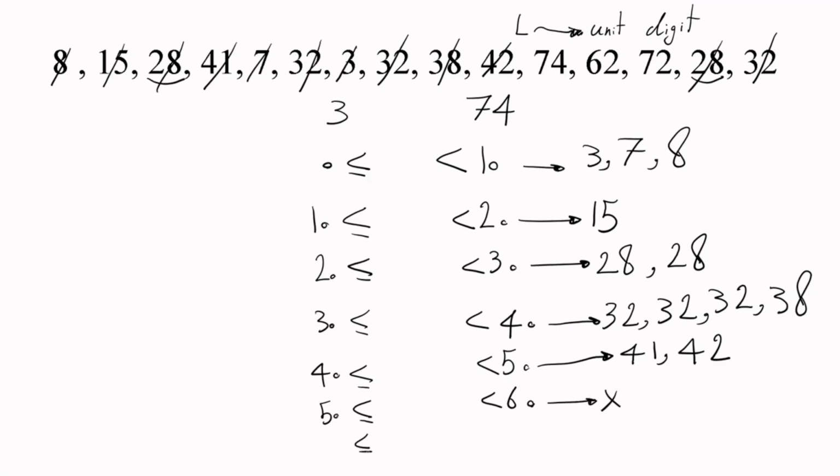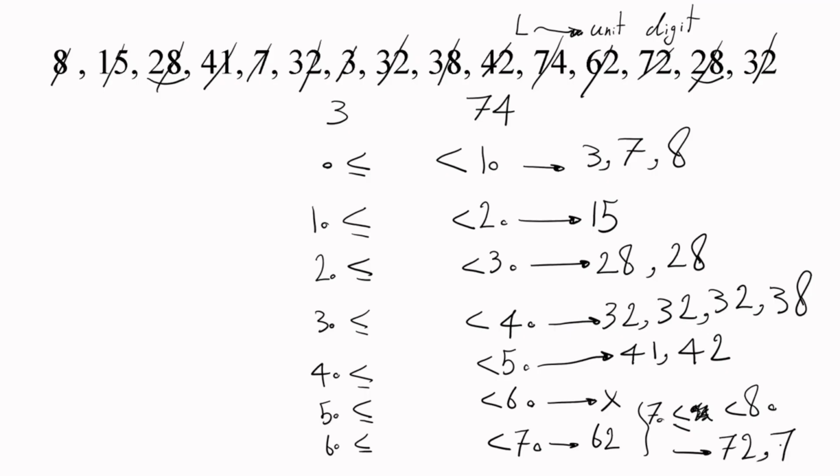When it is between 60 and 70, I have 62, and I'm going to write it here. When it is between 70 and 80, I have 72 and 74. I wrote the last part here.